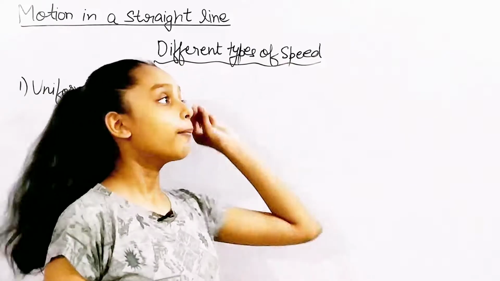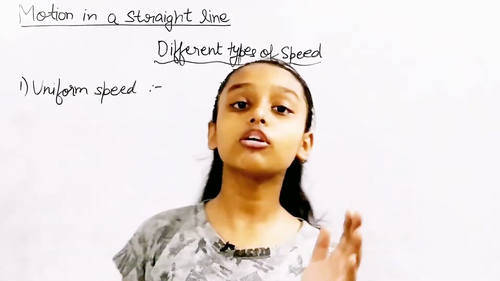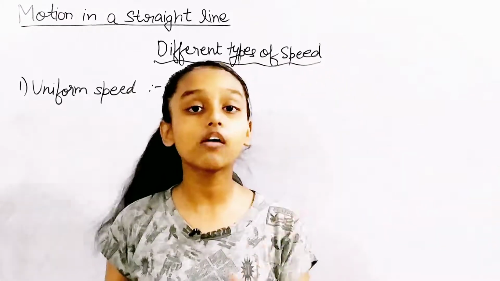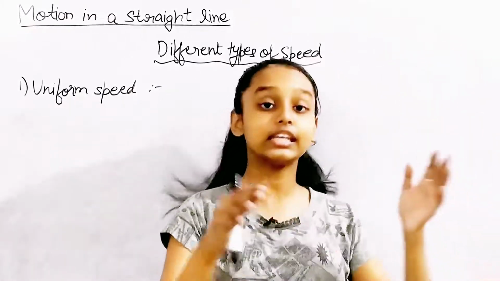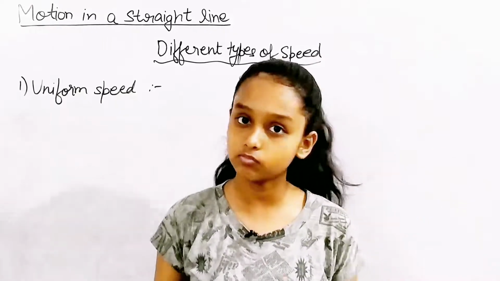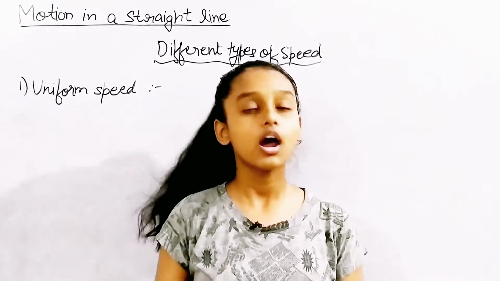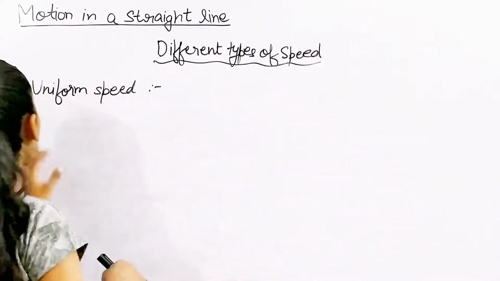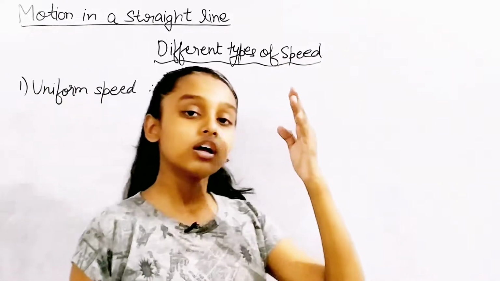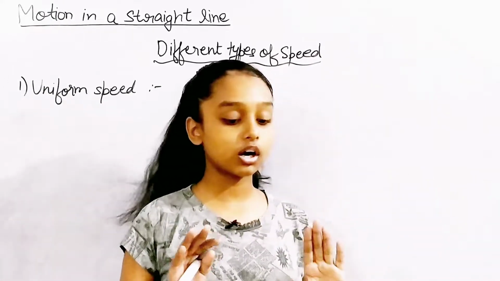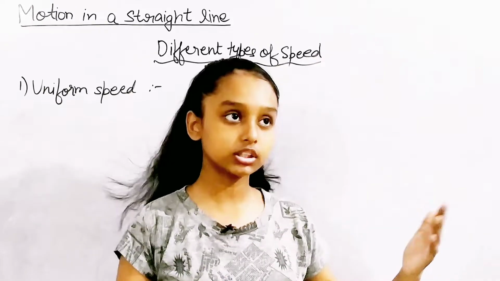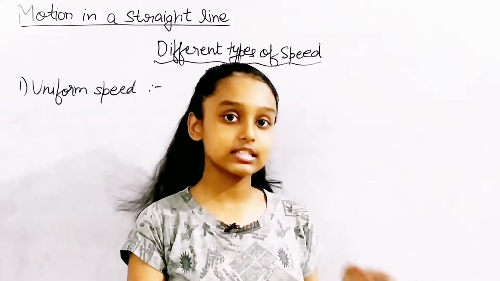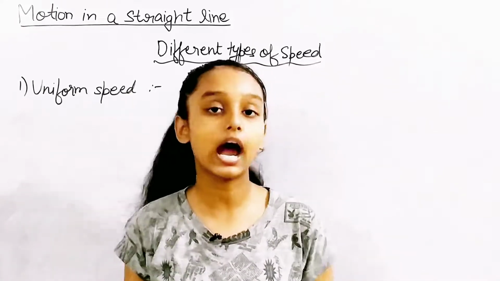What is it? A body is said to be moving with uniform speed if it covers equal distance in equal intervals of time, right? So uniform speed is that in which a body covers equal distance in equal intervals of time.